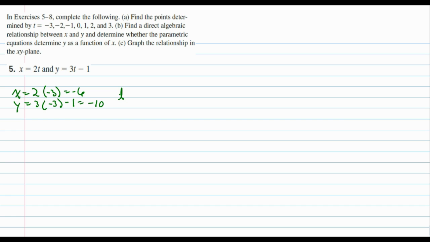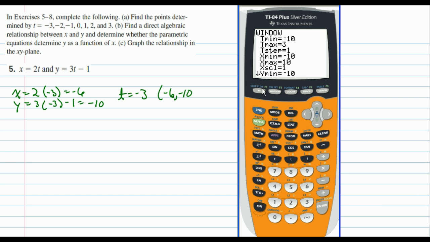So the point created when t equals -3 is (-6, -10). Again, I can find these using my calculator. My x equation is 2t. My y equation is 3t minus 1.